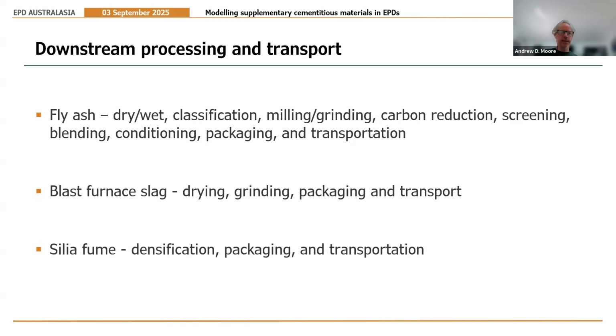Sometimes that grinding and drying occurs upstream of the cement manufacturers. Sometimes it occurs at the cement plant. So depending on what processes and where you're getting your SCMs from, you need to make sure that these relevant parts are included in that modelling.